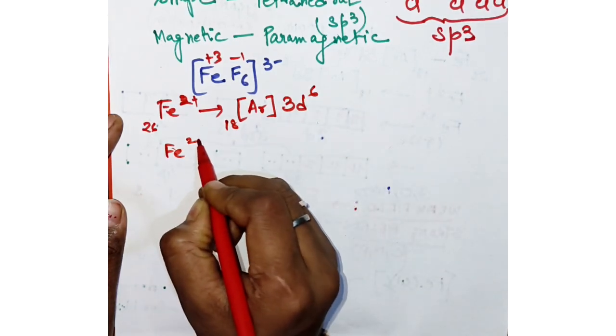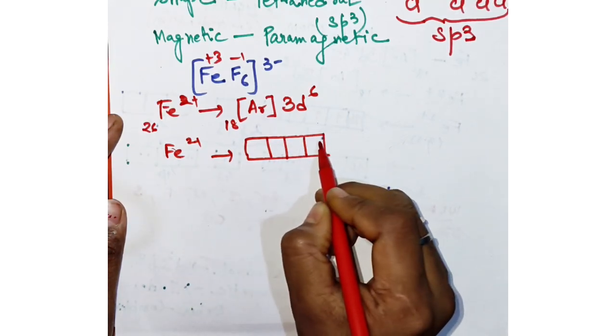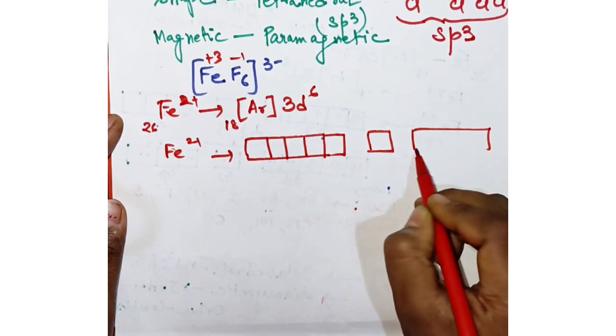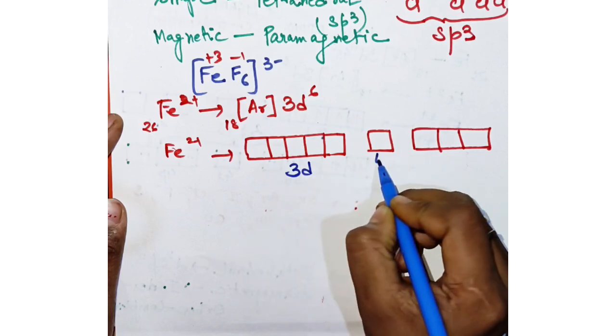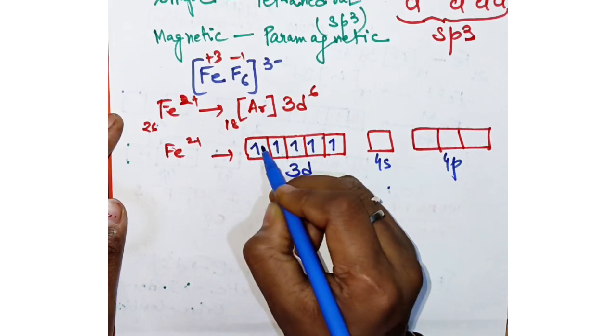So draw this ground state, this is your 3d, 4s, 4p. So 1 2 3 4 5 and 6.